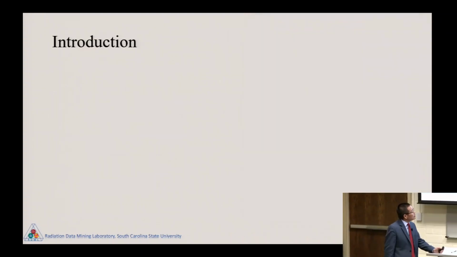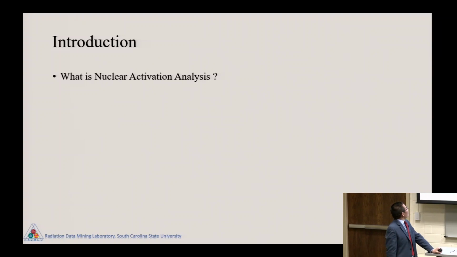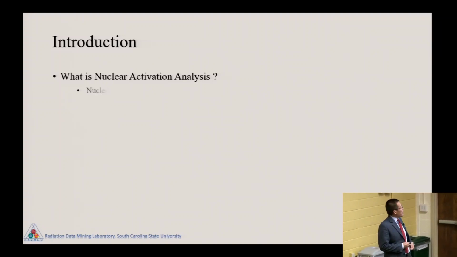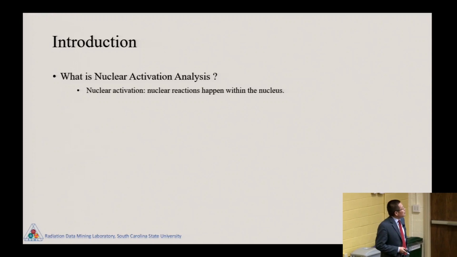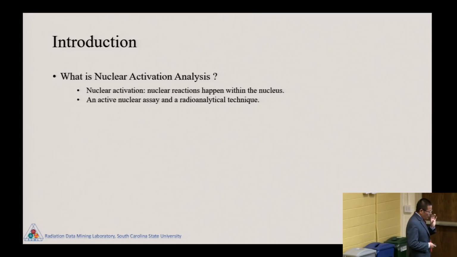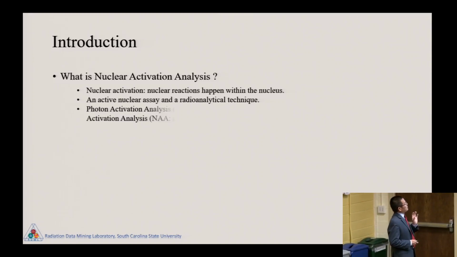Okay. First, what is nuclear activation analysis? In nuclear activation analysis, we expect nuclear reactions to happen within the nucleus. It's an active nuclear assay, and it's a radioanalytical technique.